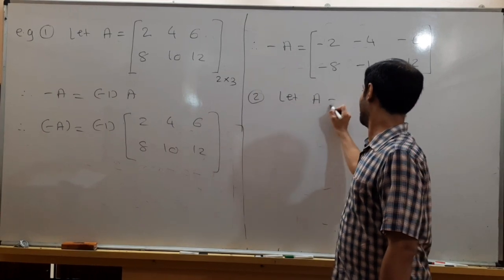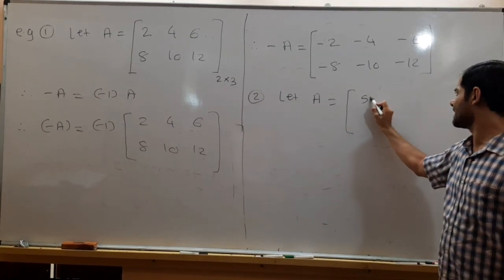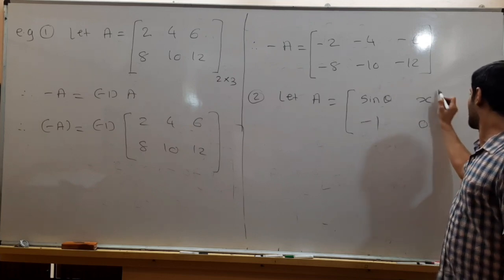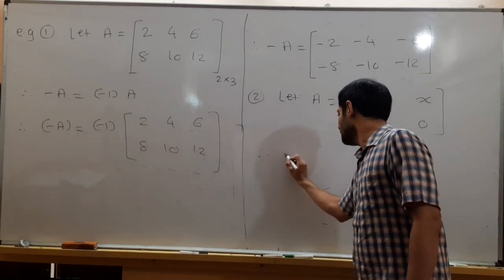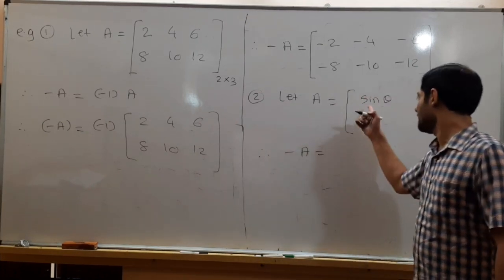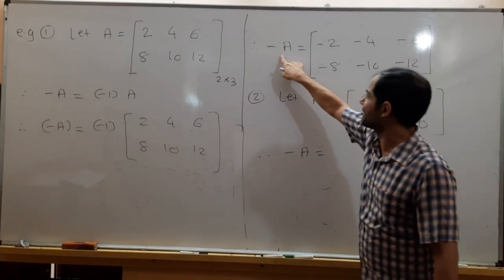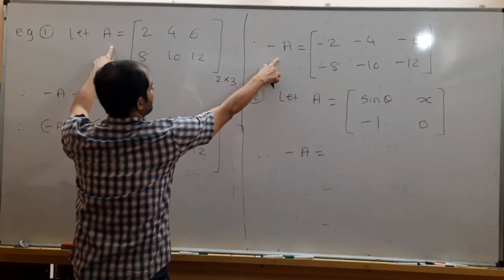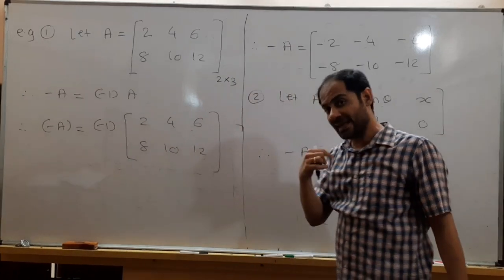Let A is equal to sin theta, x, minus 1, 0. Therefore, minus A is obtained by multiplying minus 1 with every element of it.